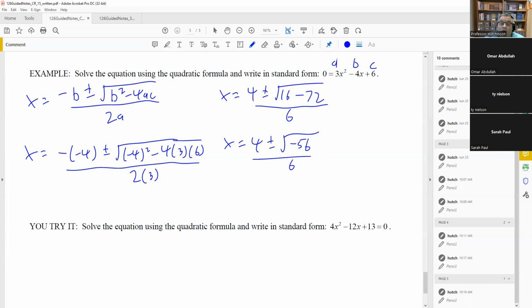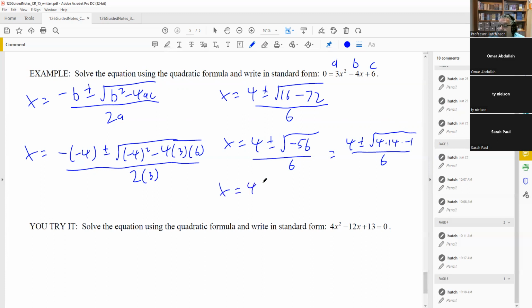Okay, so now 56, we can divide that by 4. And so this is 4 plus or minus. That's going to be, we can do 4 times 14 times -1 inside there, which means that we can pull a 2 outside of here, and an i we can pull out as well.